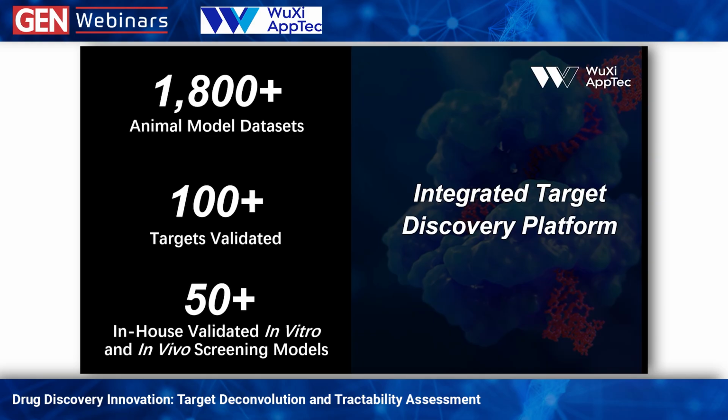We have successfully validated and discovered more than 100 different targets for our clients in the past 10 to 15 years. And of course, speed is always the key thing. We have more than 50 in vitro and in vivo screening models that are ready to use so that our clients can start their experiments and projects anytime.